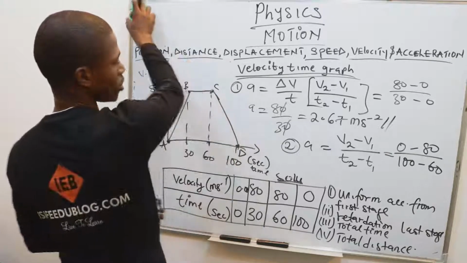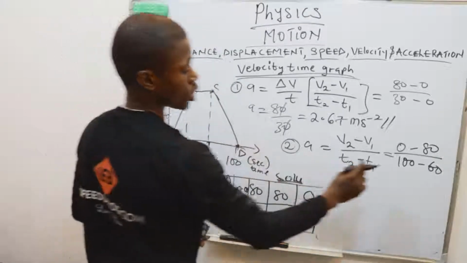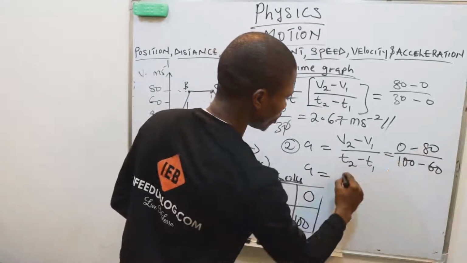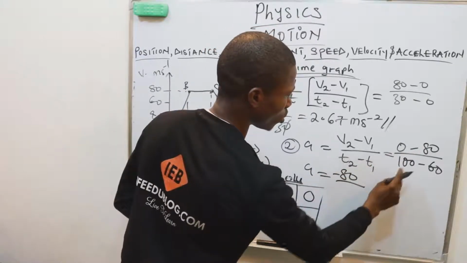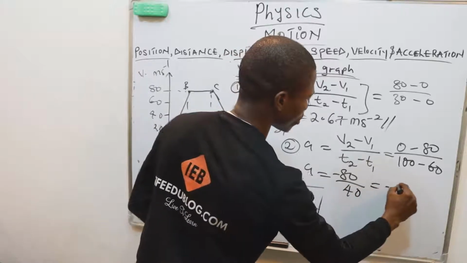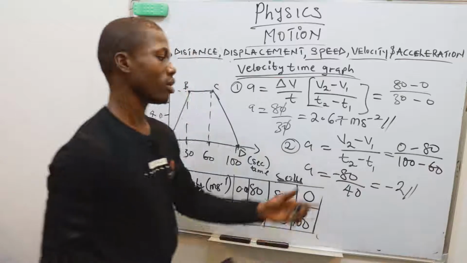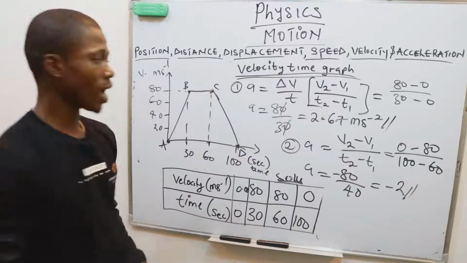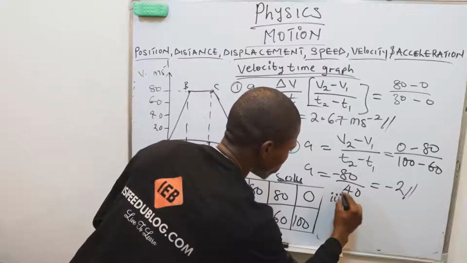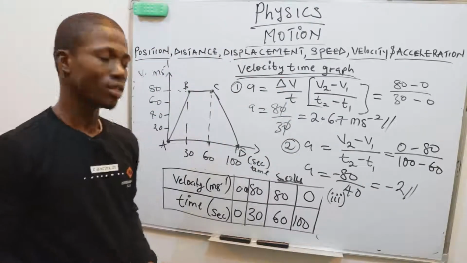Our retardation will now be 0 minus 80 all over 100 minus 60, which is 40. This will give us minus 2. This is our retardation. Then the third question says that we should find the total time.